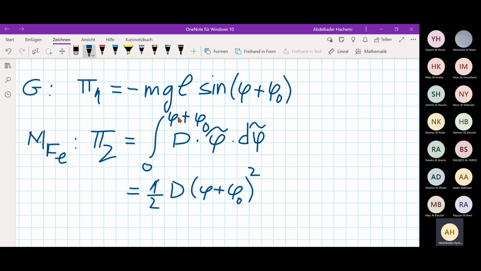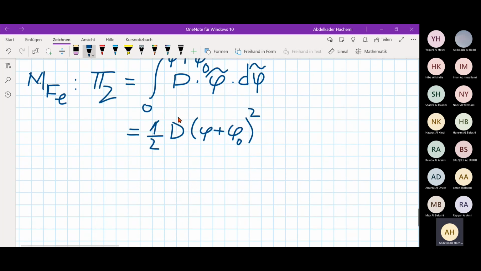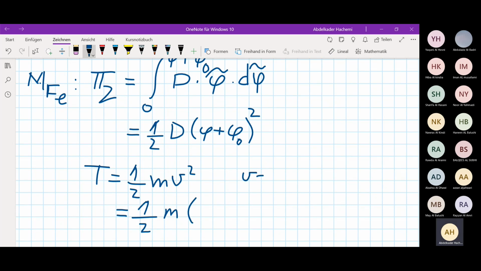Now, if we look at the kinetic energy, T, we have the mass, it's always the half of the mass multiplied by the velocity square. Now, if we look at the velocity, if we have any angle here of the mass, we know that the velocity V, as we have seen in kinematics, is only L phi dot.